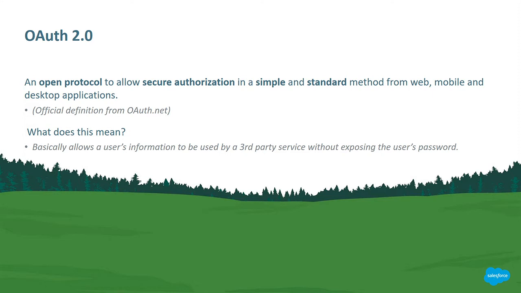So different systems that incorporate OAuth have agreed to this protocol, and they implement it to make two different systems talk to one another. And what this means in simple or layman terms is that if you're a user, you can allow a third-party application or a third-party system to access Salesforce on your behalf without you necessarily exposing a password to that third-party system. You're not giving a password out. That's how OAuth operates behind the scenes.